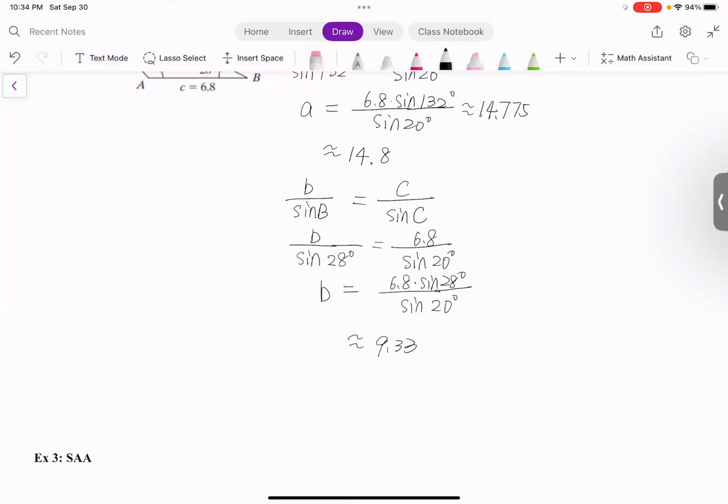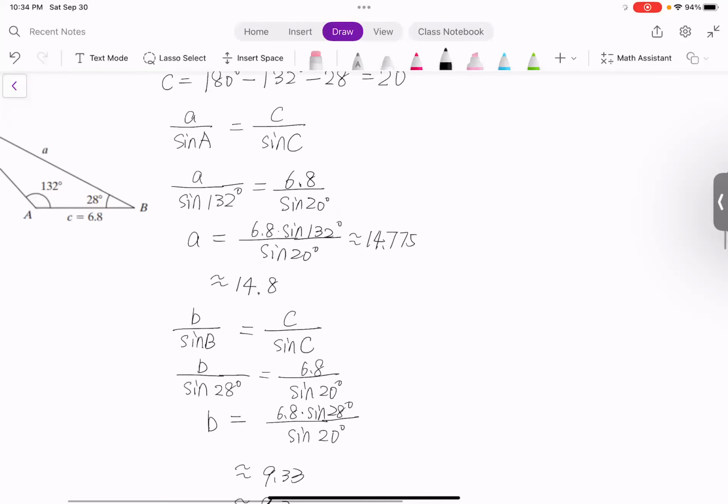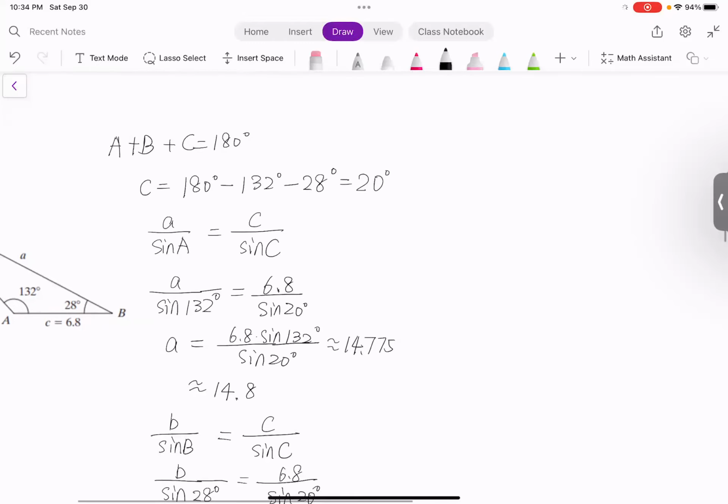So I'm having my length of the B is about 9.33, and rounded to one decimal place, that's 9.3. There's no unit. So I can do the conclusion. My angle A equals 132 degrees, angle B equals 28 degrees, angle C equals 20 degrees. And how about the length of A?